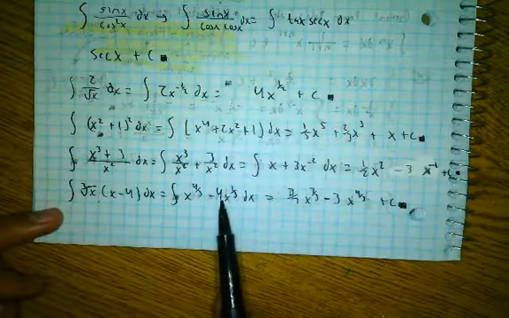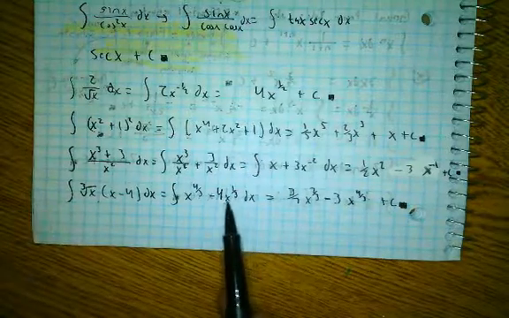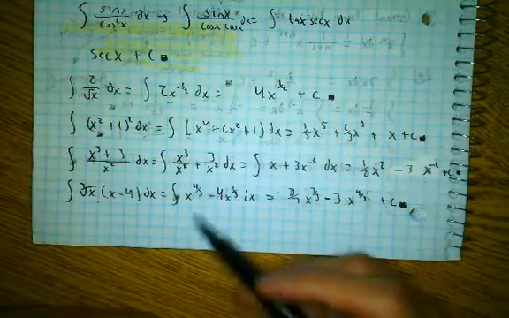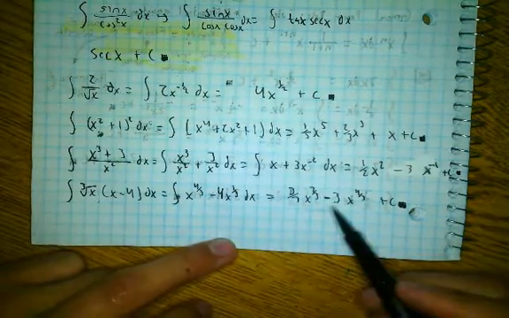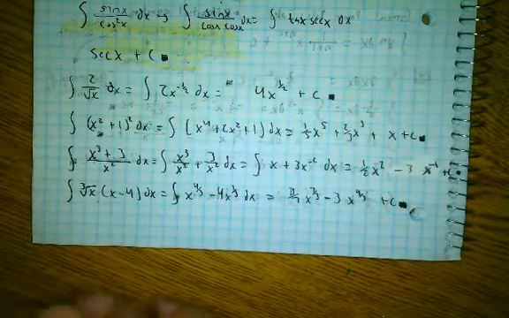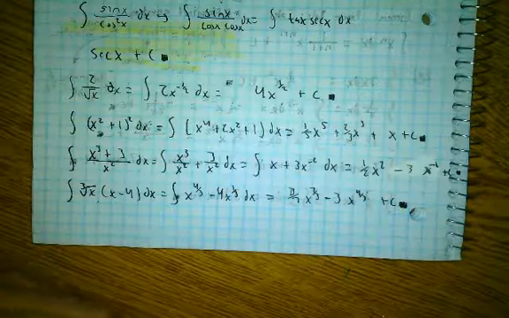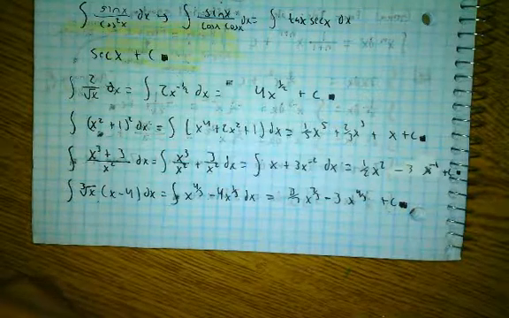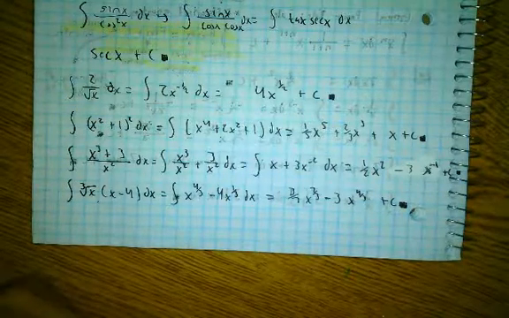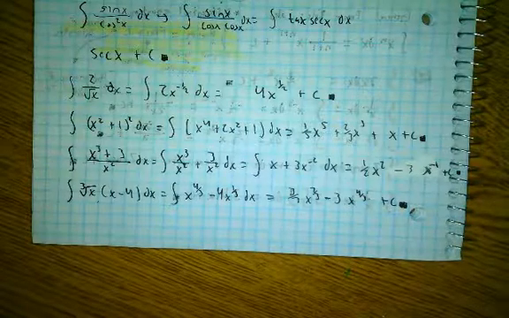Are we good? All right. So let's go ahead and flip the page. And let's talk about this whole constant thing and how we can find that constant. All right.